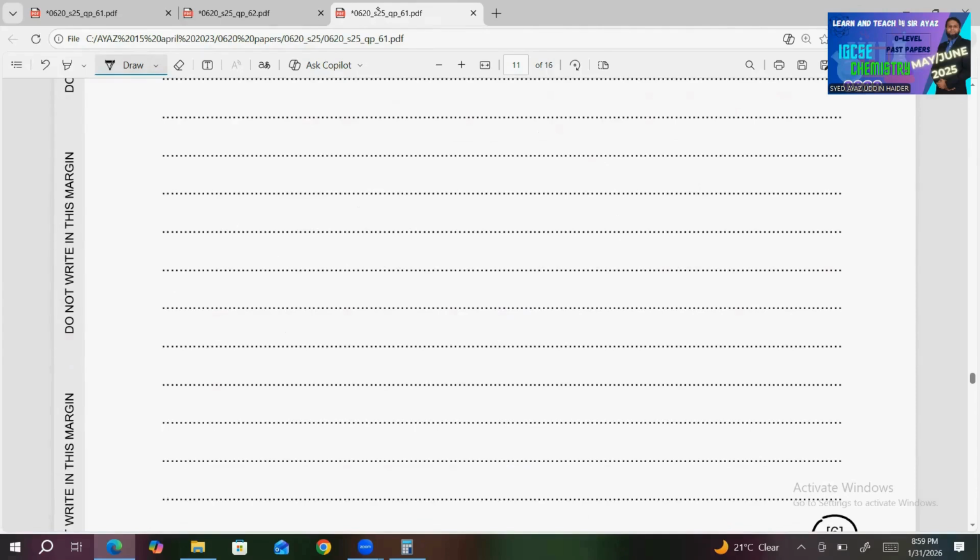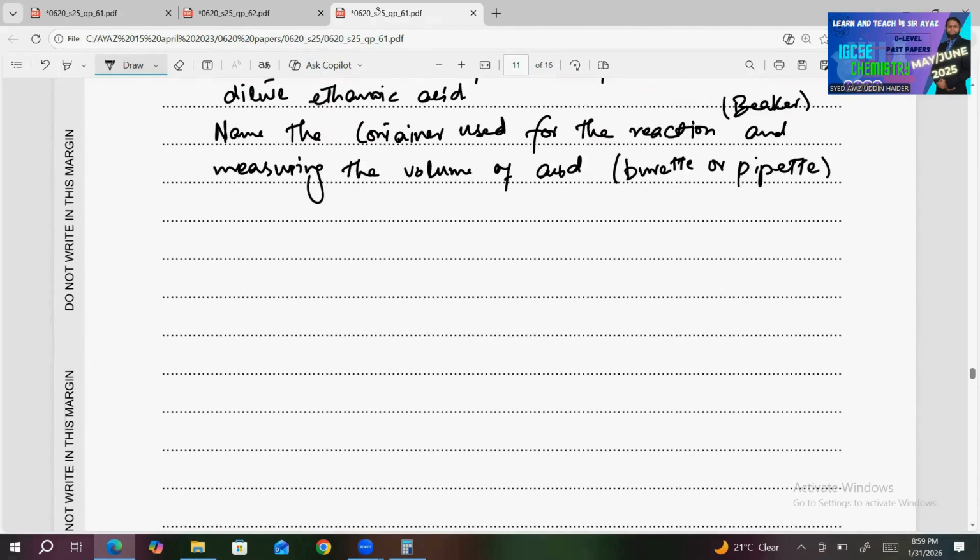What else you can write? Definitely you have to measure the initial temperature before the reaction, beginning of the reaction. Measure the temperature of the acids. Acids, you know, it's hydrochloric acid and ethanoic acid before the reaction or mixing.